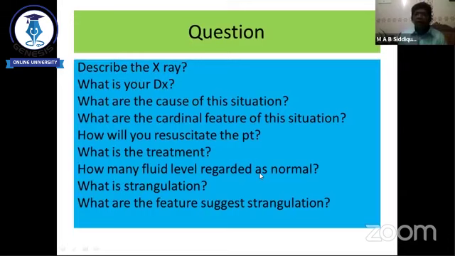When the obstruction is colic in nature, how will you clinically differentiate strangulation and obstruction? In case of strangulation, when blood supply is impaired, the pain, which is initially colic in nature, becomes continuous.